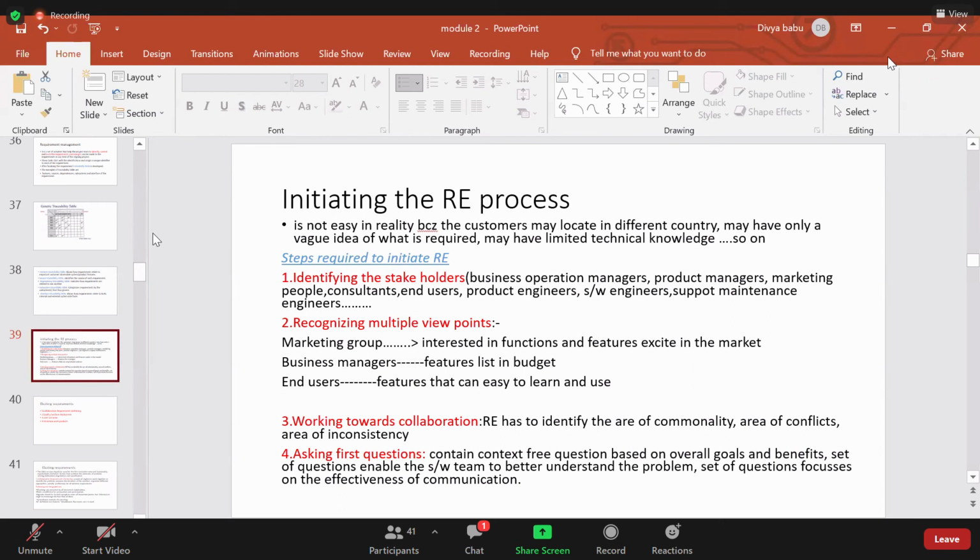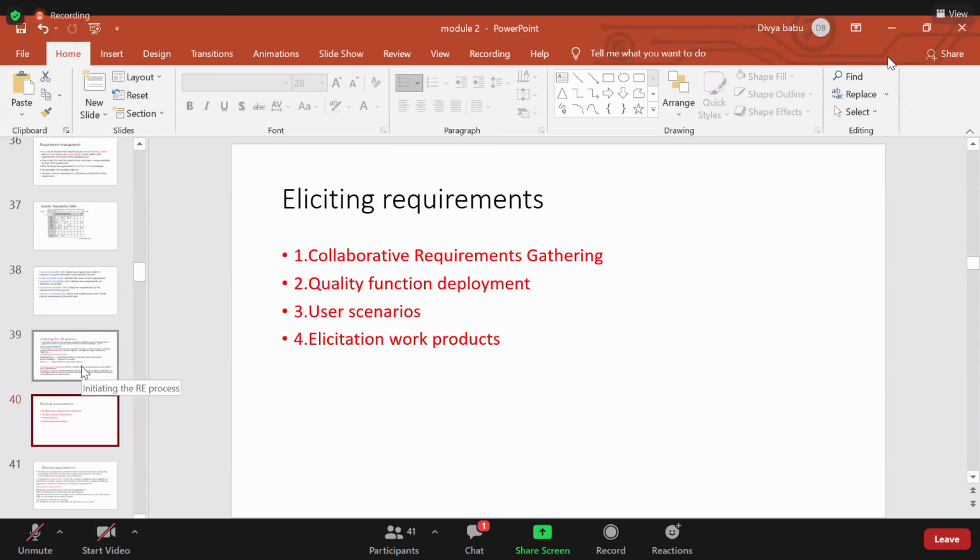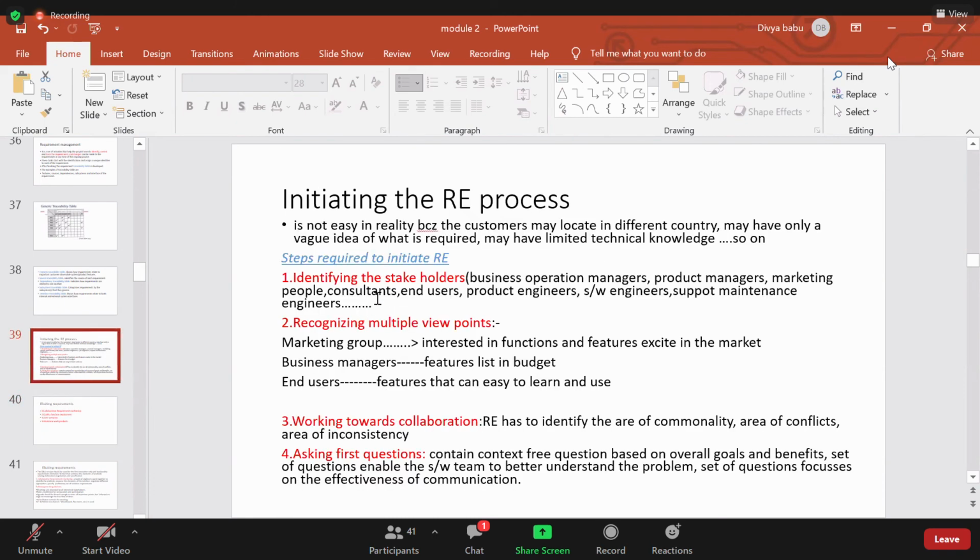So, initiating the requirement engineering process, I will stop here. Why is the requirement engineering process a tough thing? Because the customer cannot be physically present at the development site. He may be located in some other country.